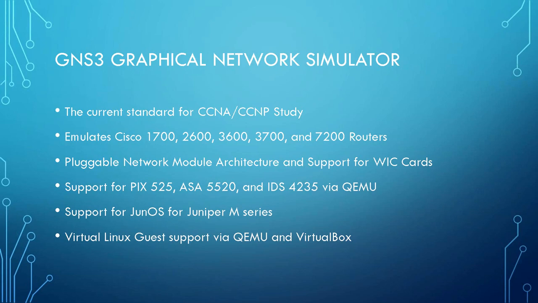You can set up a Visio-looking kind of infrastructure that is real objects that you can access, configure, connect, ping back and forth. You can bring Linux and Windows hosts up through VirtualBox and QEMU, as well as several other things. Like I said, we have the 1700, 26, 36, 37, and 7200 routers.